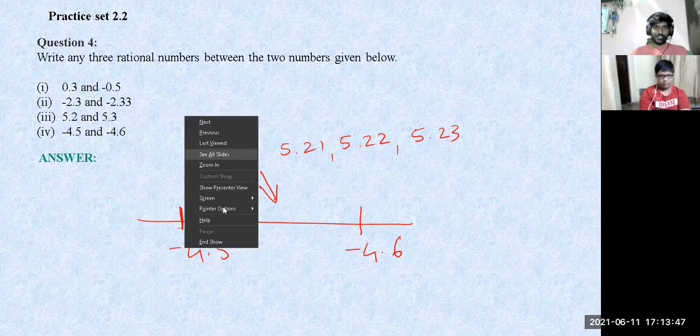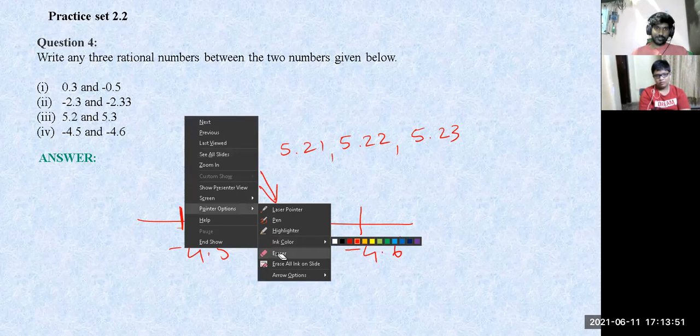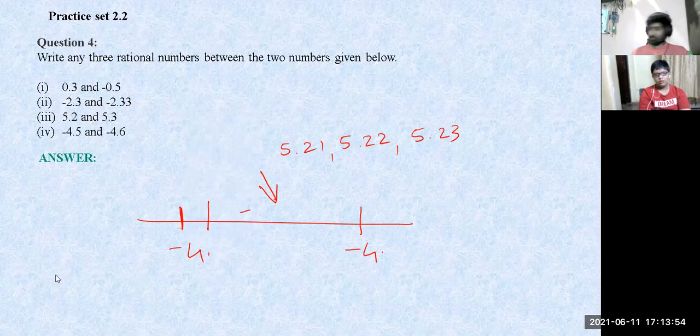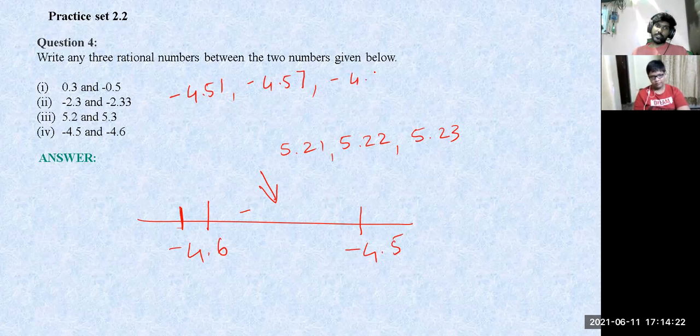Yeah, I made a mistake. Then minus 4.51 is correct. Yes, minus 4.51. Then minus 4.57 and one more. Minus 4.61. Minus 4.61 will come outside. Oh yeah. Minus 4.58, 4.59, take anything like that. So it will come between them.